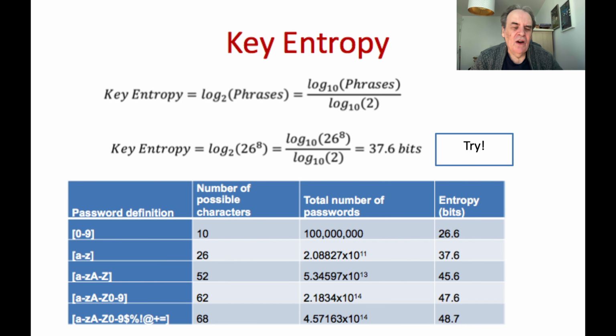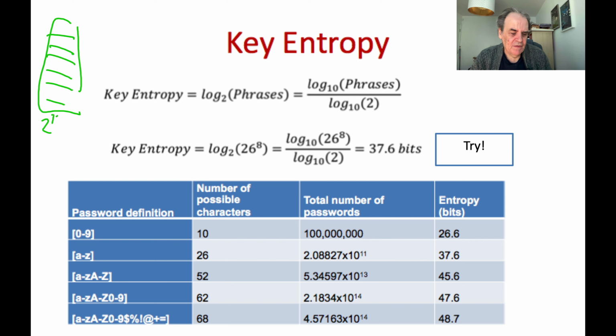Okay, so let's look also at what's called key entropy. So key entropy defines if we have a large key space, 2 to the power of 128, and if we use a password to be able to generate the key, then we might be decimating the key space.